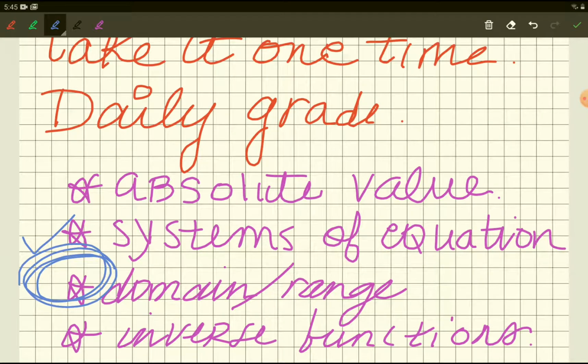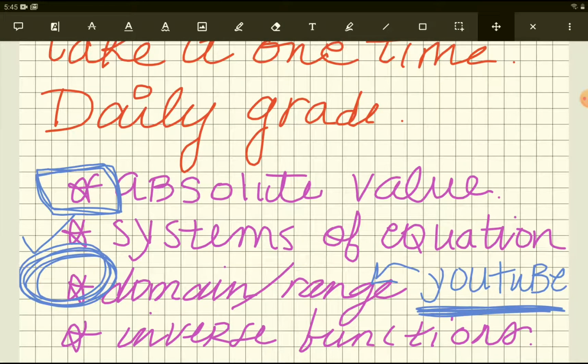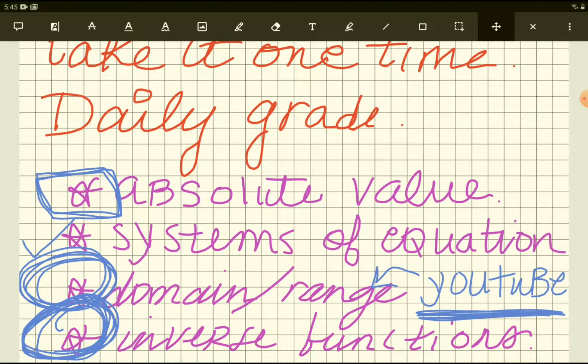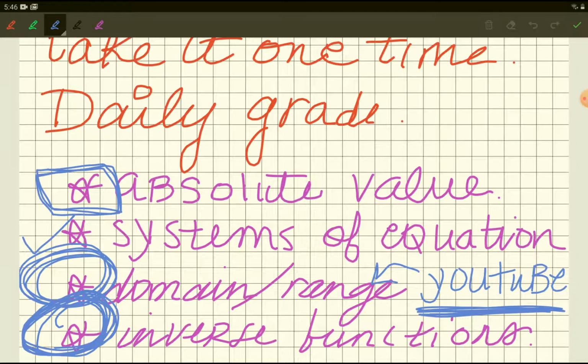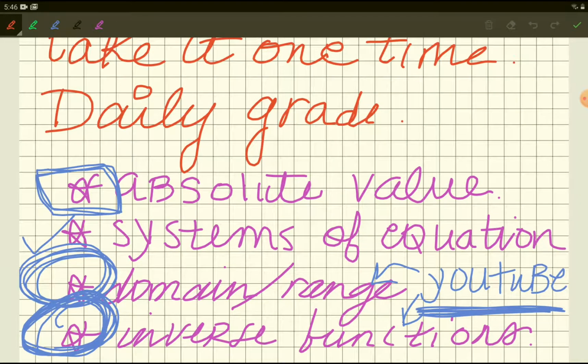I have a YouTube video that I made on domain and range, and another YouTube video for inverse functions that I made weeks ago. Watch those. So what I'm going to talk about now is absolute value.